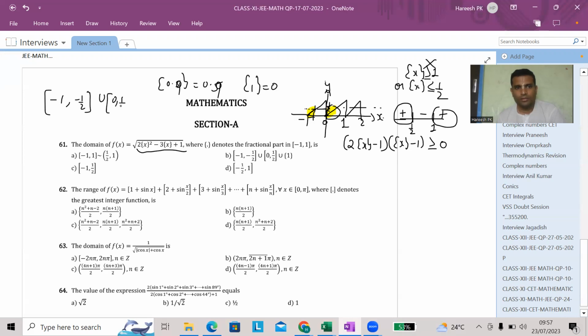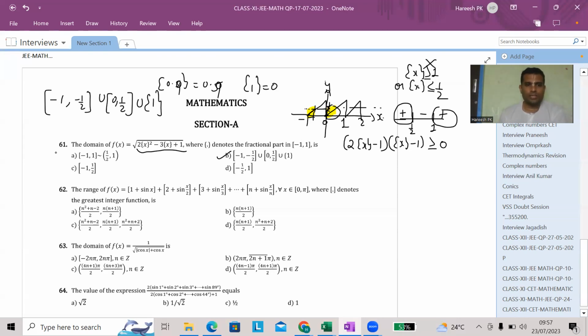And finally, you can also put x exactly as 1, because when you put x as 1, fractional part is 0, and that means fractional part is less than half. So the right answer is option B.